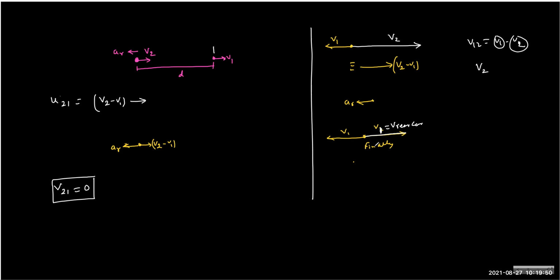Understood? No, not clear. Okay. What is the velocity of car number 1? V1 always, it is always right. What is the velocity of car number 2 at the end?